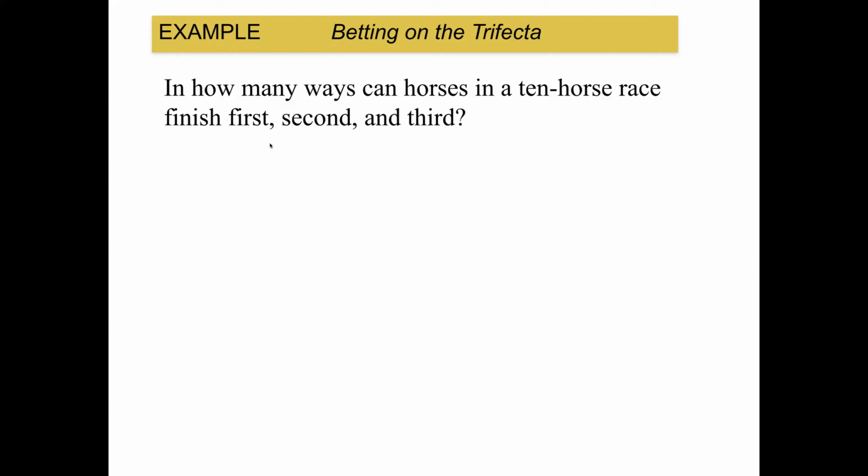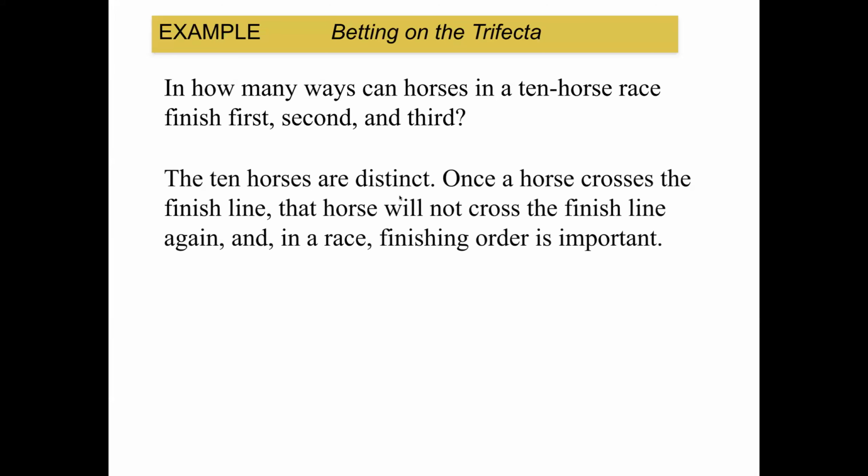Remember, after we chose the first horse, it can't repeat and be the second horse or the third horse. So that's why it's permutations, and order is important. So without replacement, and order is important. The 10 horses are distinct. That's part of the definition of permutation. Once a horse crosses the finish line, that horse is out of the choice of other horses to finish second.